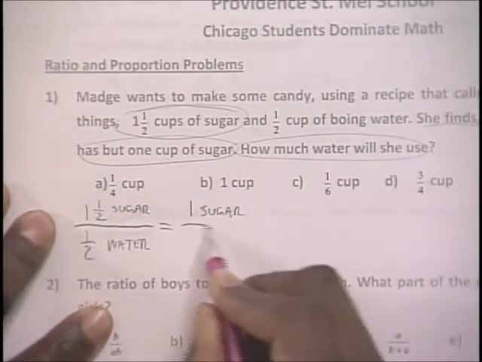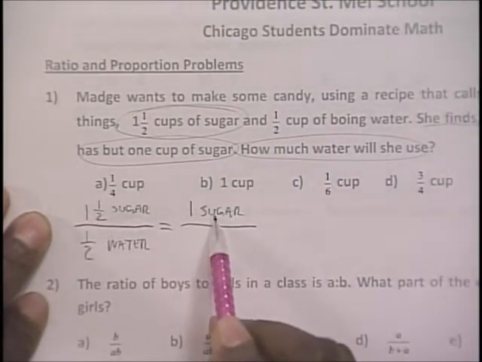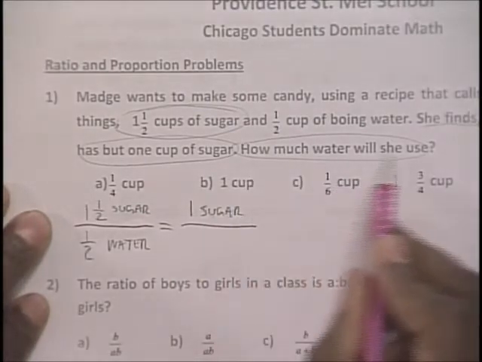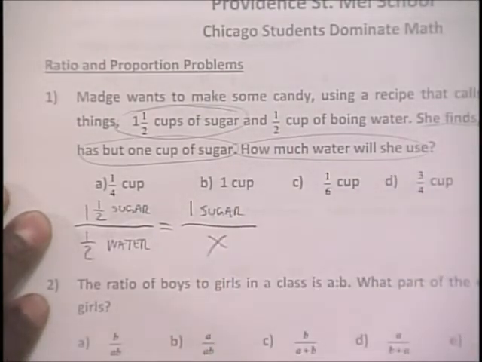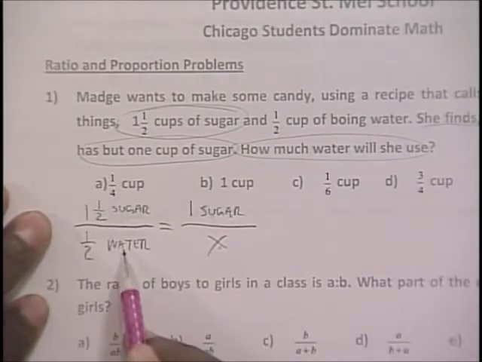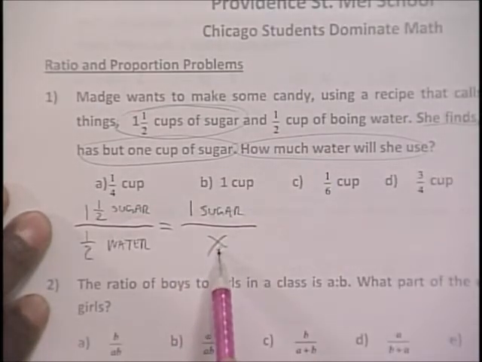Had I not labeled, I would not have known to put the 1 cup sugar in the numerator there. Now, how much water will she use? That's unknown, and that's why I put the unknown variable x there for the water. They want how much water she'll use, and my unknown water amount is in the same denominator as water here.